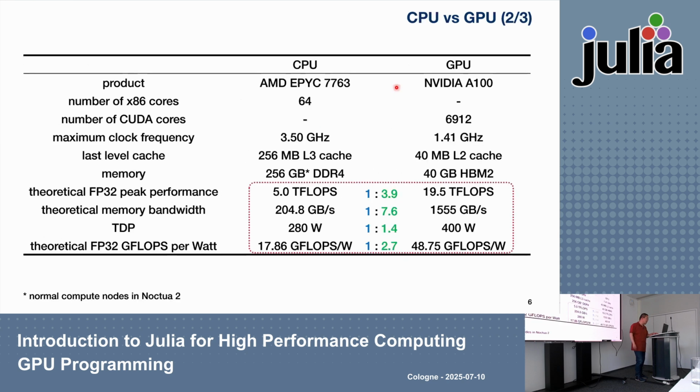But let's say if we think about the hardware differences, if your code is written in a normal manner, I mean, just like a normal behavior code, you are able to achieve 3.9, let's say 4 or 5 times faster if your calculation is compute bound, or 8 times faster if your computation is memory bound.